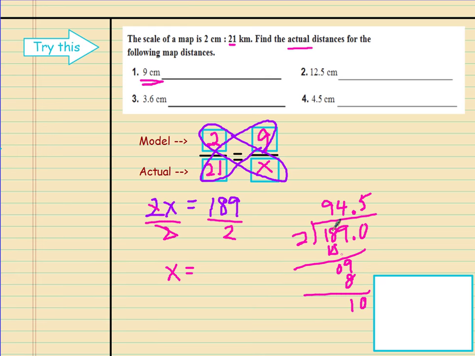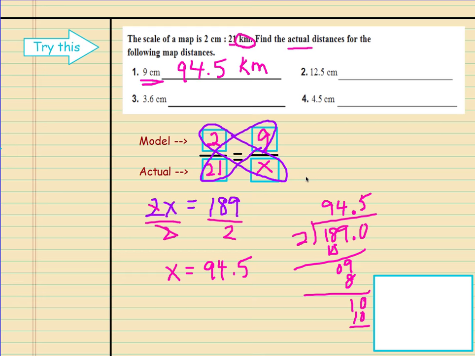So this is 2 times 5, 10. 94.5. We have to put the correct units. What are the units here? The actual units is the kilometers. So it's going to be 94.5 kilometers. Now go ahead and pause here and do numbers 2, 3, and 4.